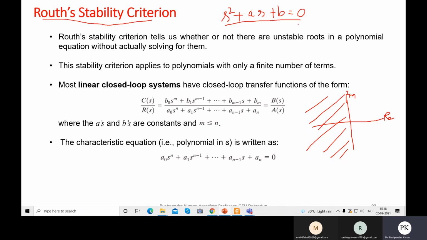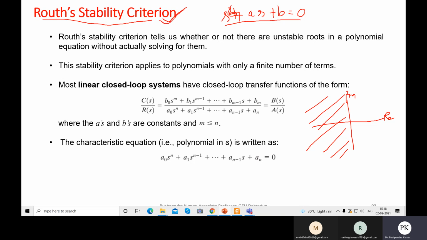But in case you have a system of higher order, like a cubic system or fourth order system, it is very difficult to calculate the roots of this equation, isn't it? So in that case, when you deal with a higher order system, you use this Routh stability criteria.